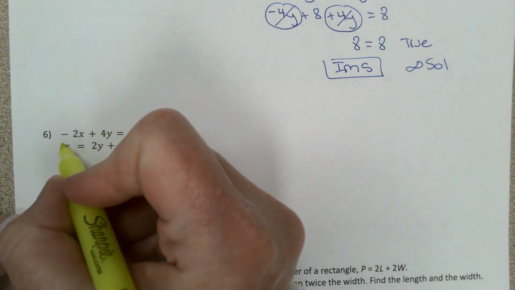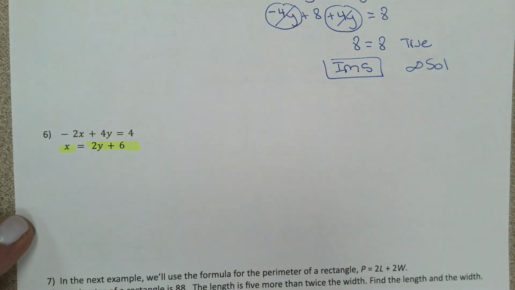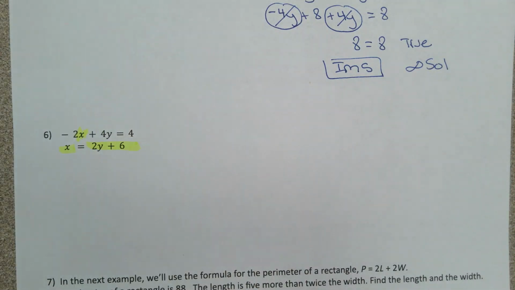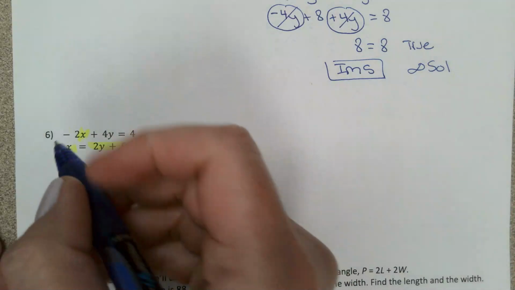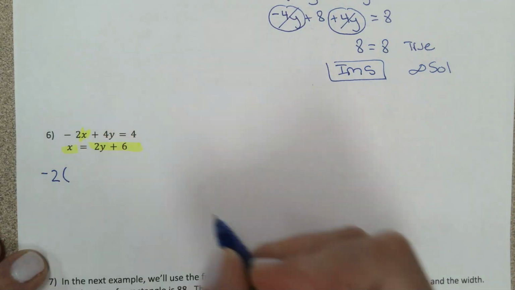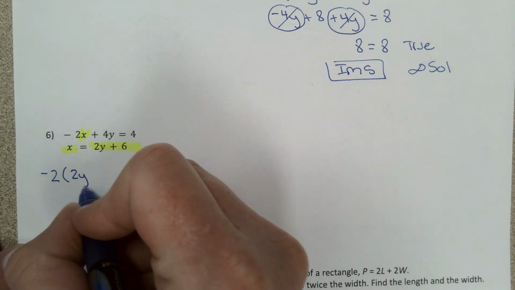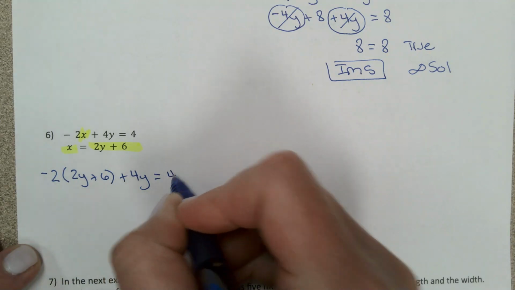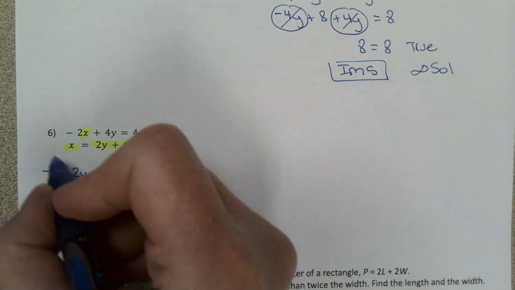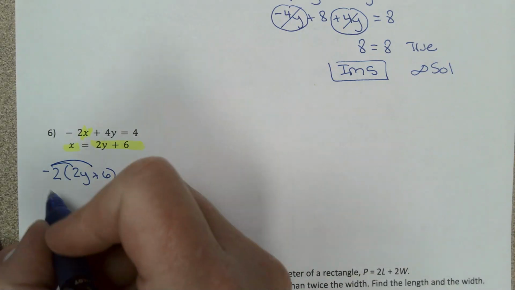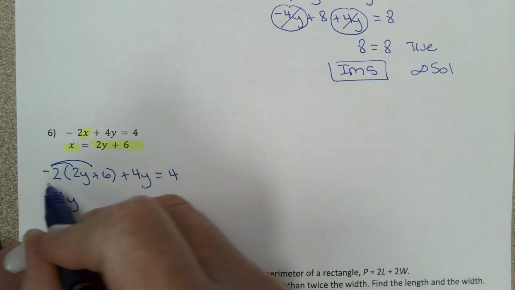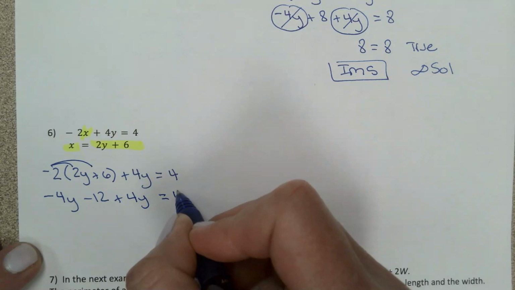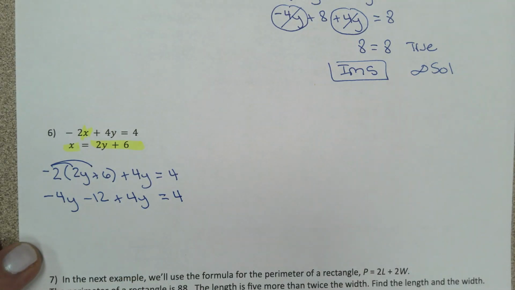On number 6, we have x all by itself in that second equation. So I'm going to plug it in place of x in the top equation. So you keep the negative 2, get rid of x, and plug in 2y plus 6. Keep your plus 4y equals 4. I'm going to distribute, clear parentheses, get negative 4y minus 12 plus 4y equals 4.